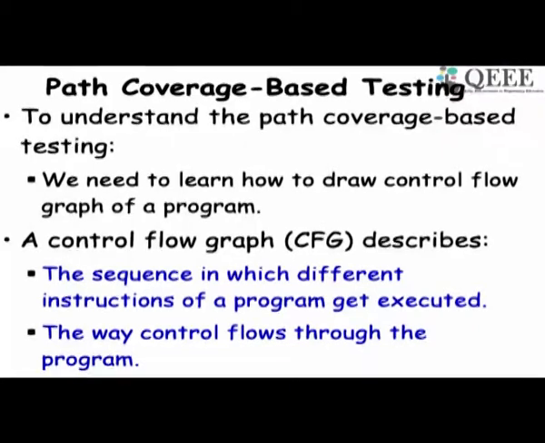A control flow graph is a graph which describes the sequence in which different instructions of the program get executed, or in other words, the way the control flows through the program.